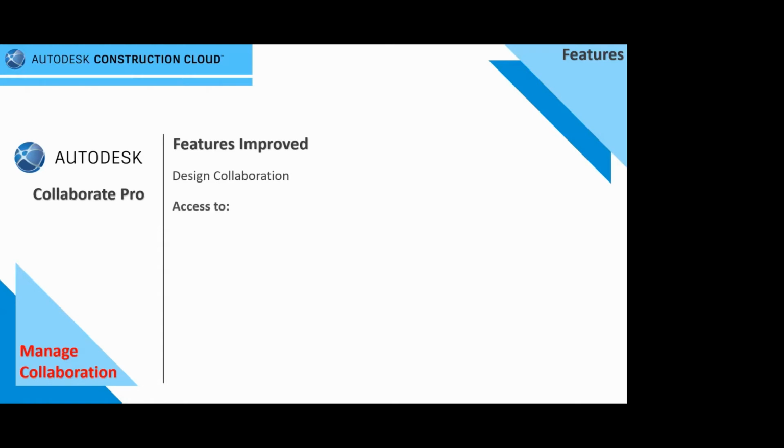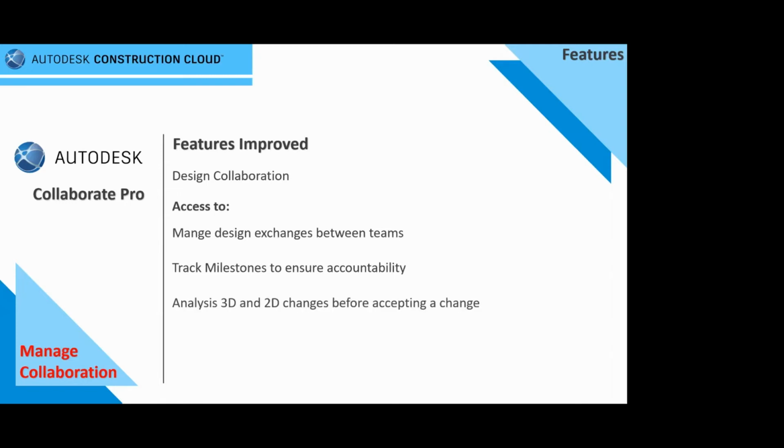And it gives you now access to the managed design exchange between teams in order to reduce rework with trackable project activity. We track milestones to ensure accountability. So we facilitate the model exchange and deliverables and coordination. And we can analyze 3D and 2D changes before accepting it.